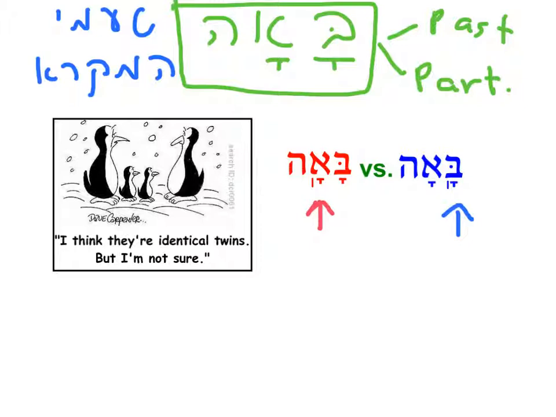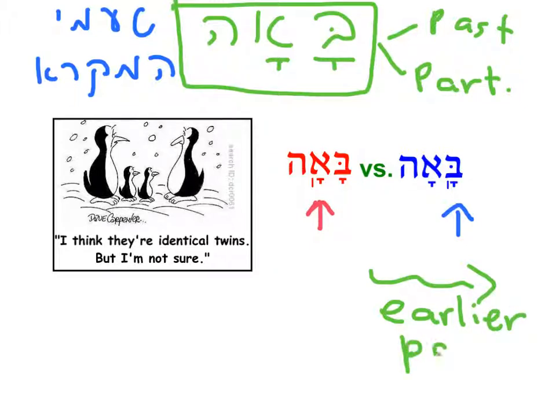When would it be past tense and when would it be a participle? So the trick is to look earlier in the word, right? If it's earlier in the word, it's going to be past tense. Conversely, when it's later in the word, it's going to be a participle.